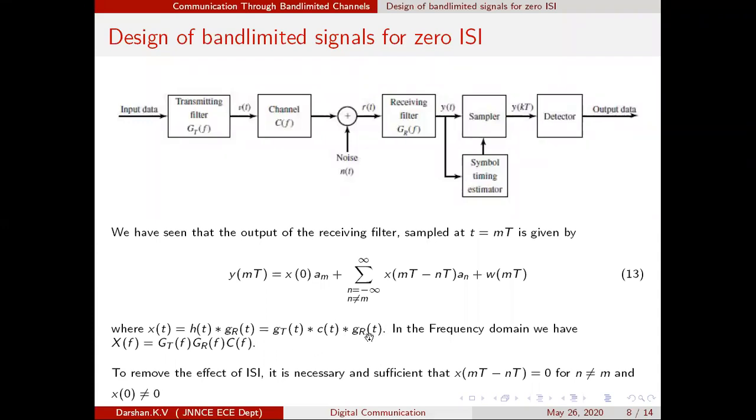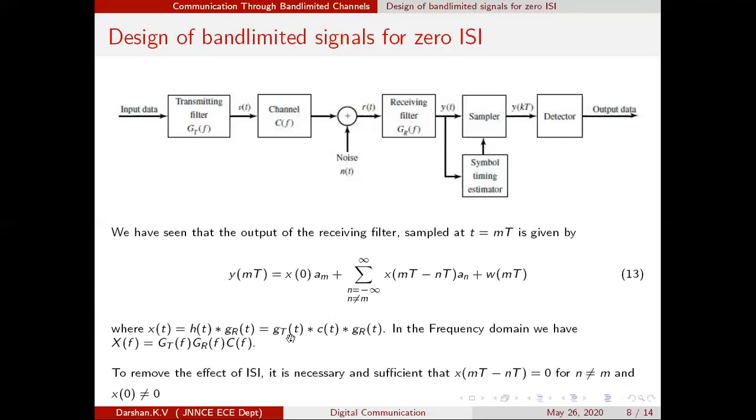All together you are referring to it as x of t. So if x of t is looking like a sinc pulse, then all these functions collectively will give you a sinc function.